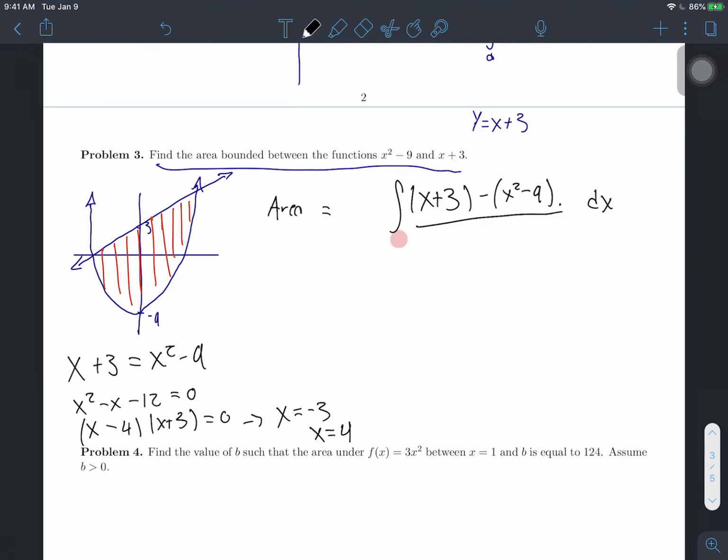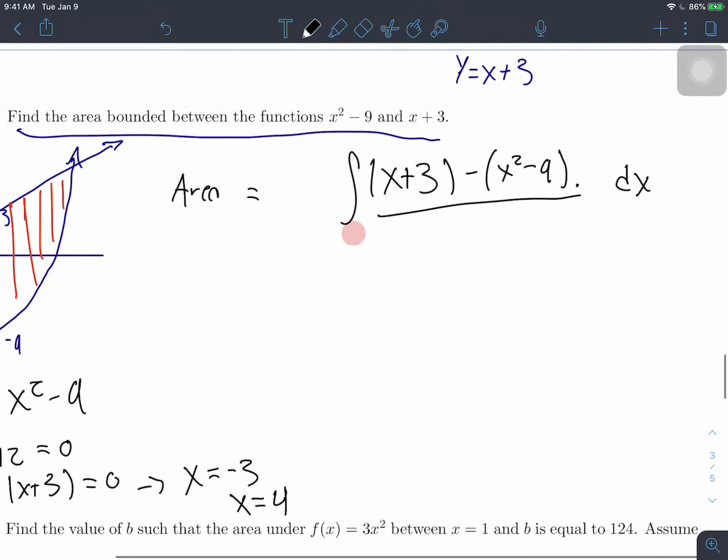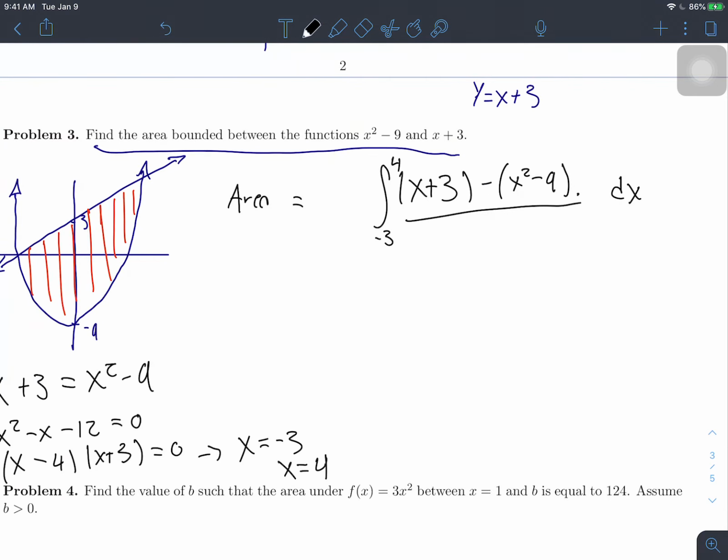So what should go here in this bottom bound? Yeah, negative 3. We go from left to right. So negative 3 comes first, and then 4 goes on the top. And now we're ready to actually do this integral here.